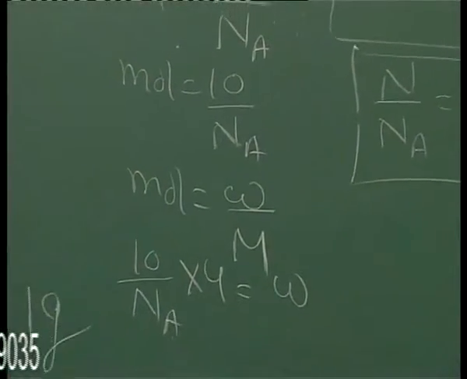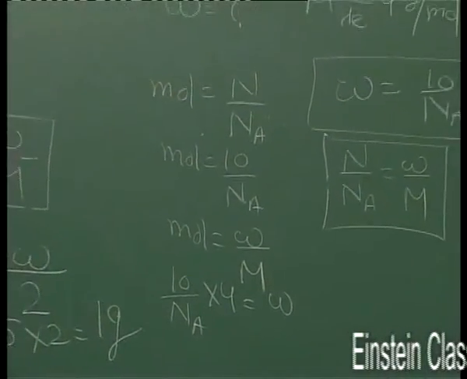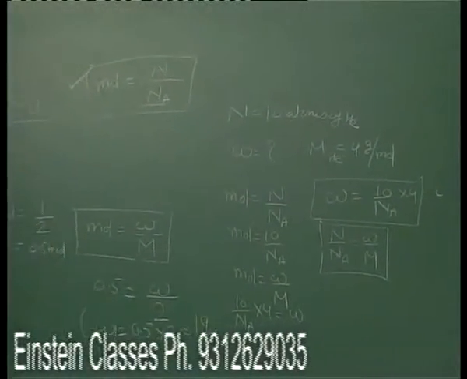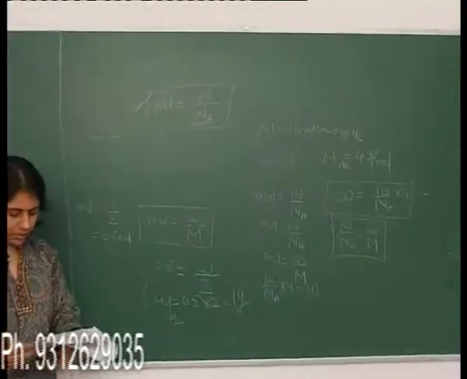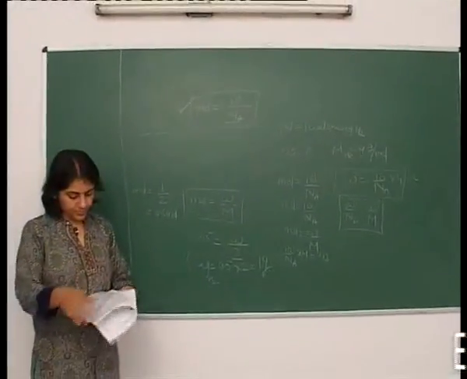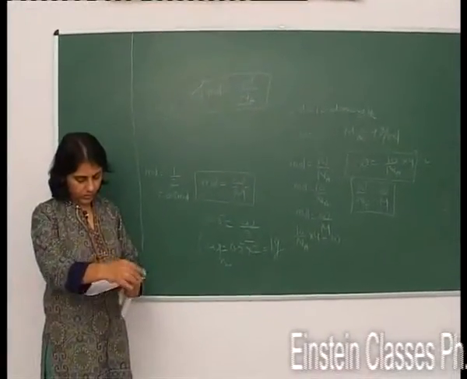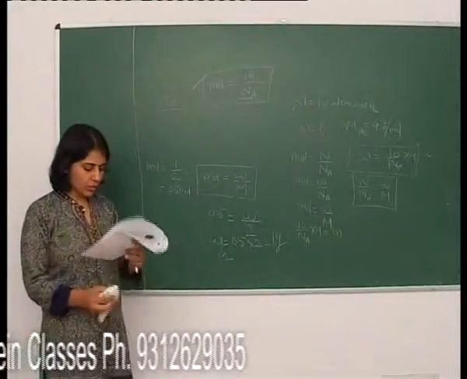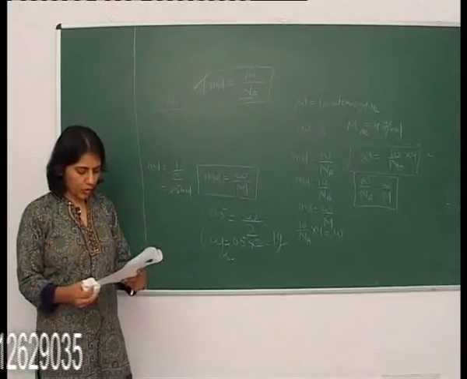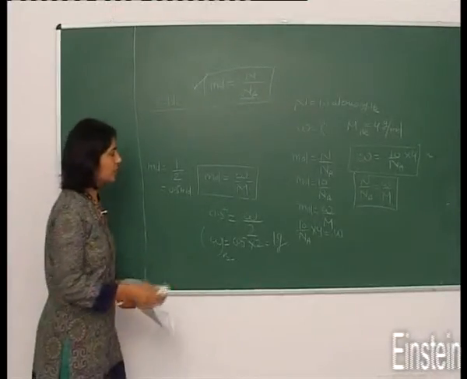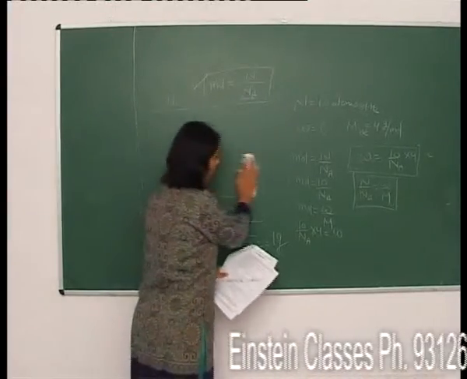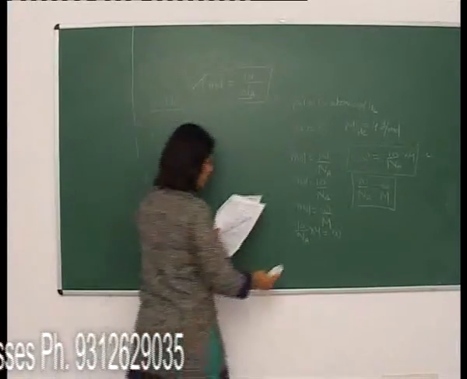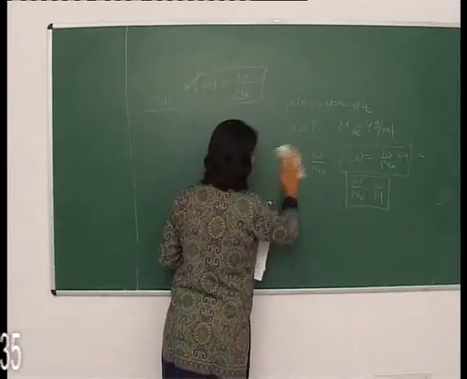Now I am going to discuss the problem which is given on page number 2. The problem number is 10. That is, what is the mass of one atom of carbon in gram? This is problem number 10, page number 2.